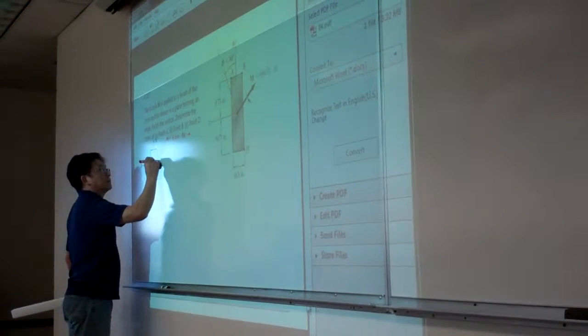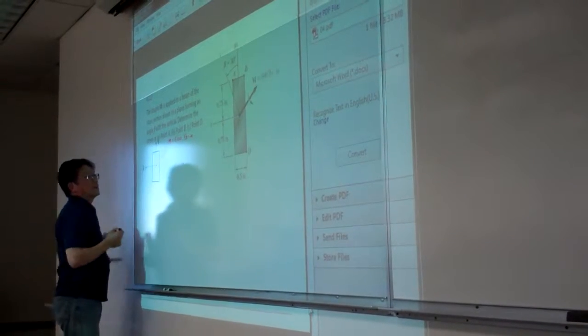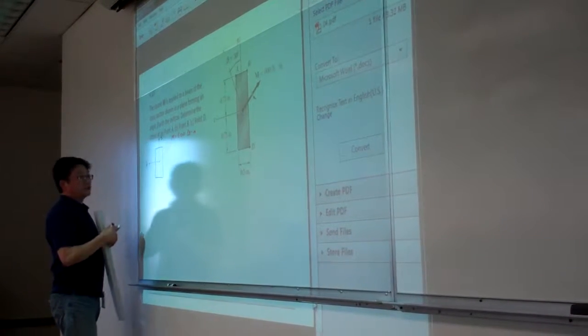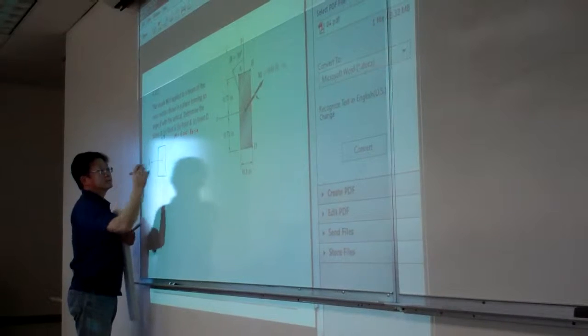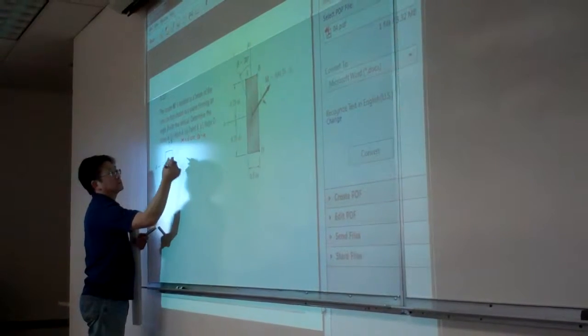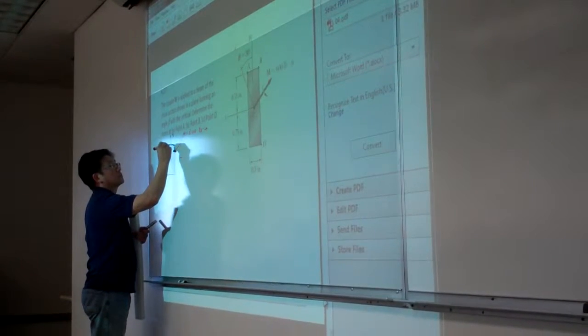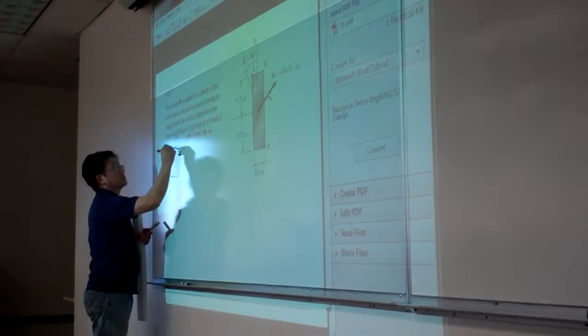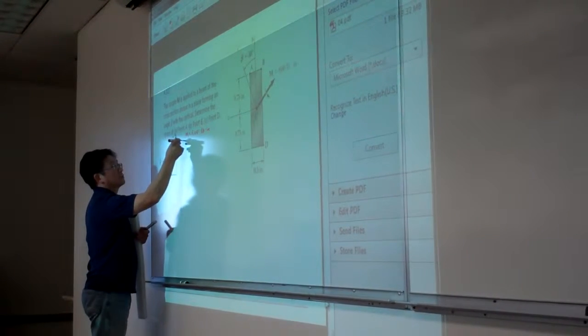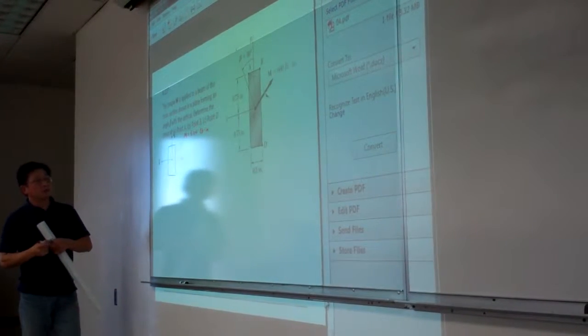And again, this direction is like this, okay? And then we decompose into two directions. Okay, we project it into y and z.